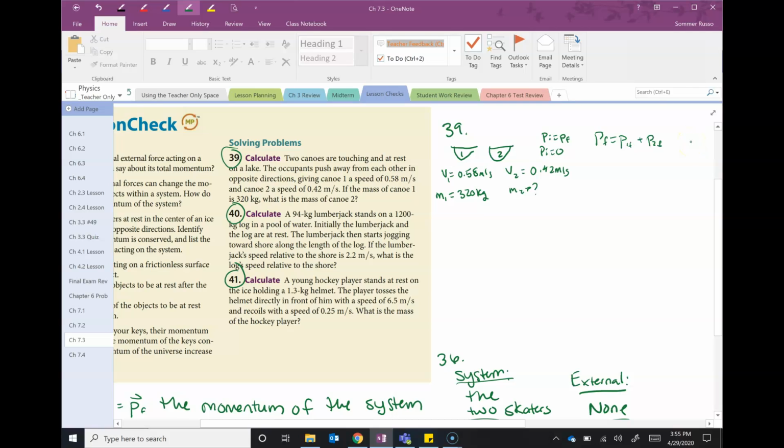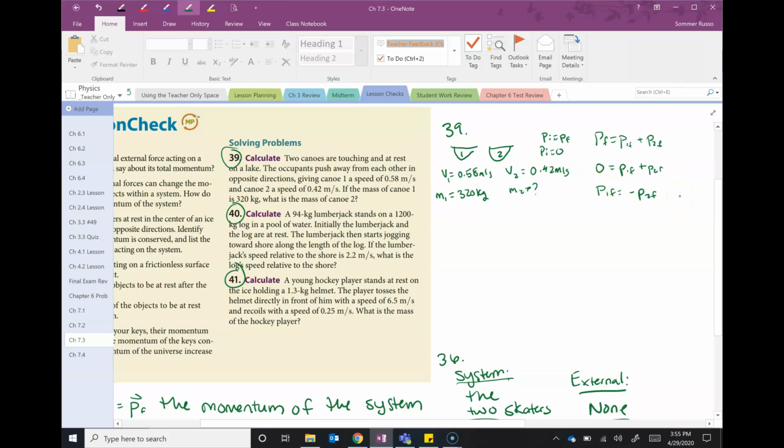Setting everything equal, we have 0 equal to P1f plus P2f, so P1f is equal to negative P2f.